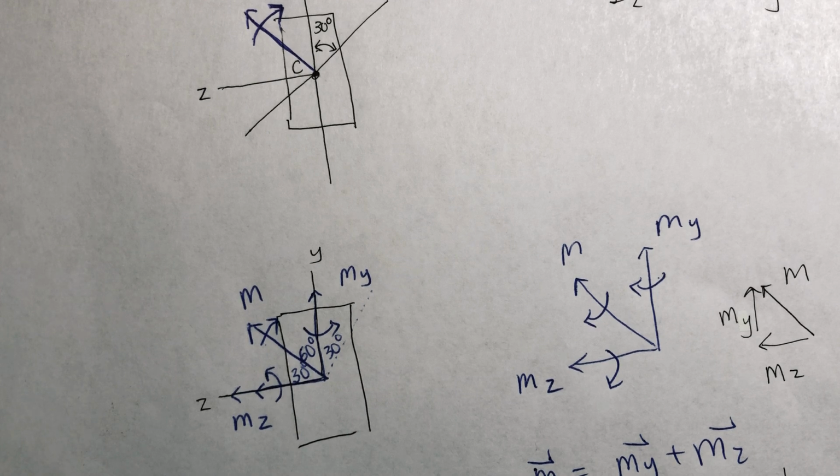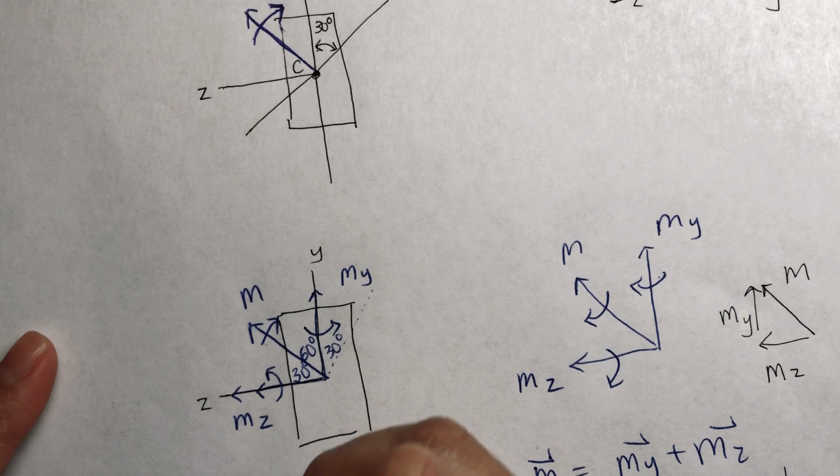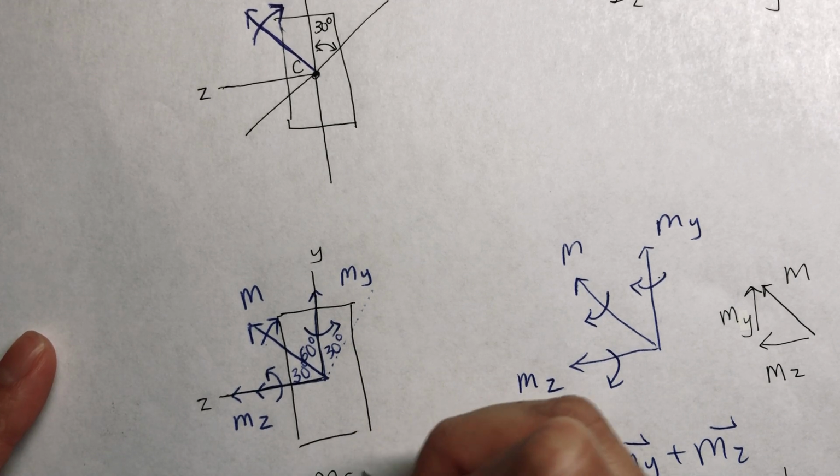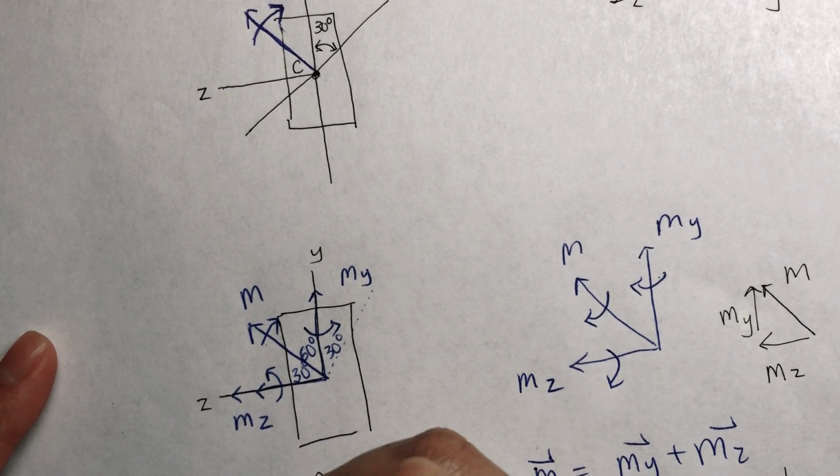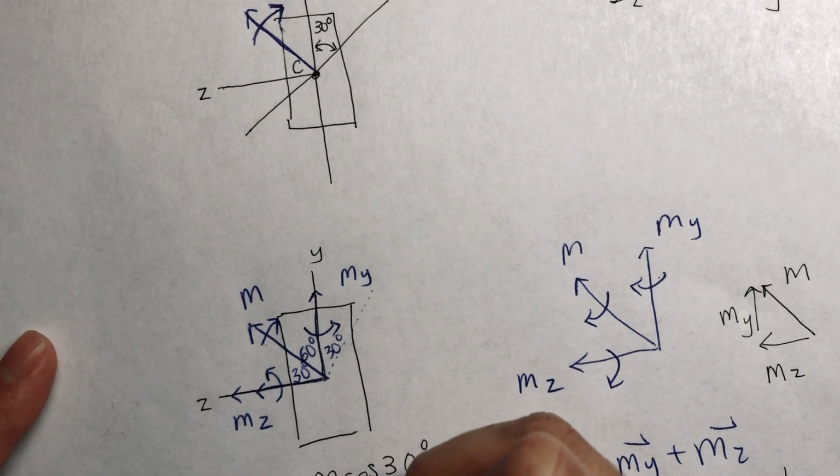Okay, so we get Mz equals 1,386 pound-inch, My equals 800 pound-inch.